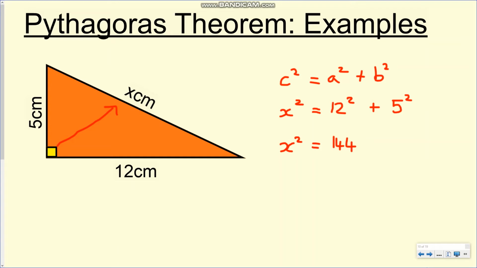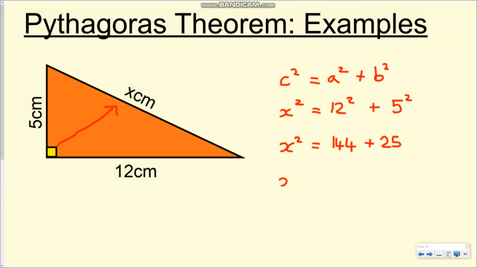Again, you can use your calculator for this if you need to. 5 squared, 5 times 5 is 25. So what I've done so far is I've substituted in the numbers that I have in my triangle, and I've squared each of them, 12 times 12 and 5 times 5 separately.